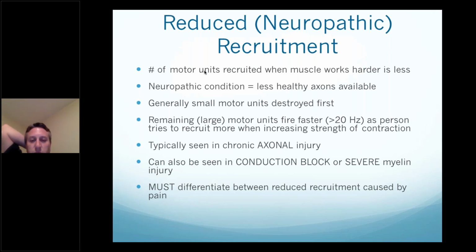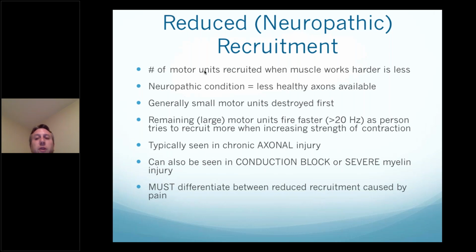As far as I could see, you're trying to get them to relax, but they're not relaxing, so you're not going to see the small units that you want, because they're tightening up too much.